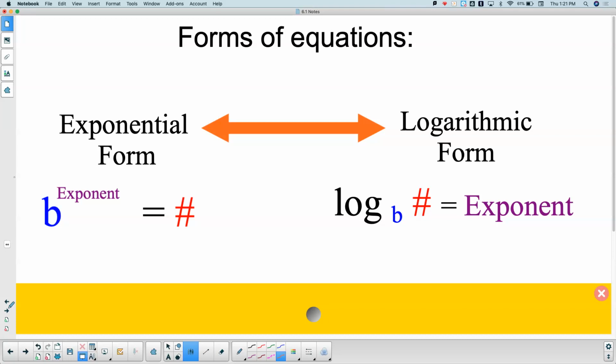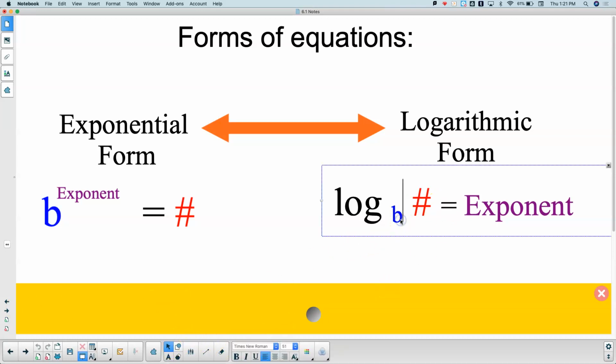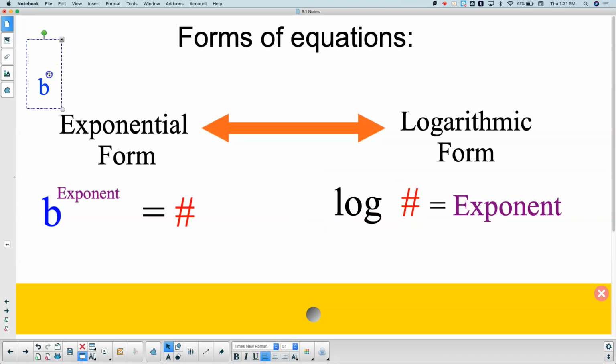To change that into logarithmic form, I first start with the word log. Oops, my b forgot to move down. I want to really emphasize the fact that this b should be way down low by the g.